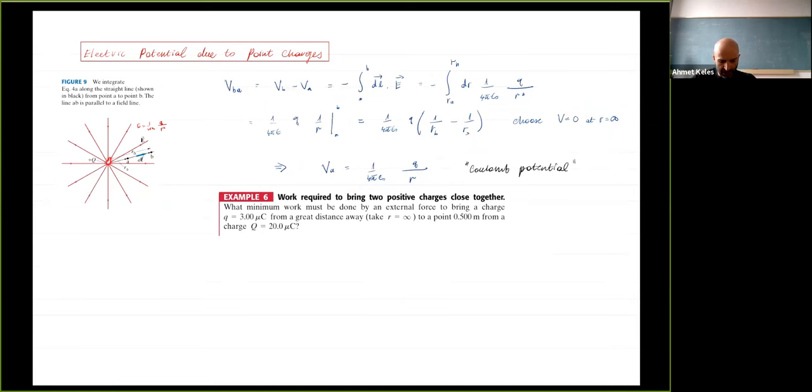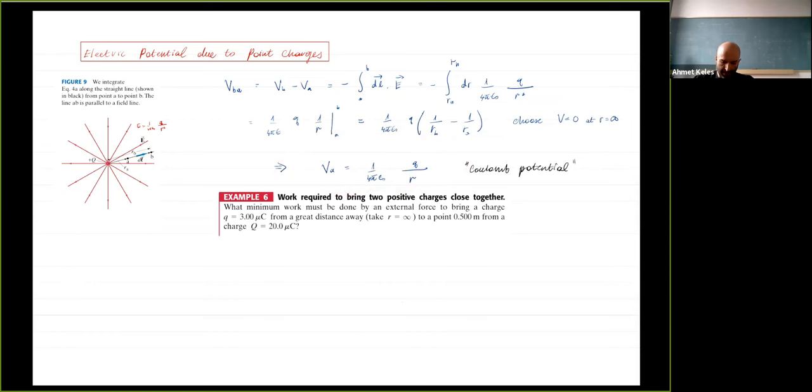If you have a point charge here, and you are a distance R from the point charge, the potential is like this. This is generally called a Coulomb potential, because it comes from Coulomb's force, 1 over R squared, but in its potential form.